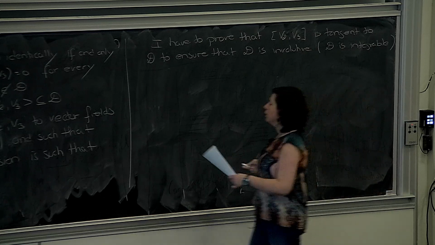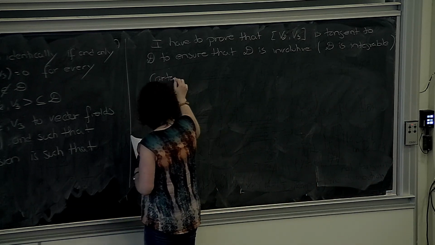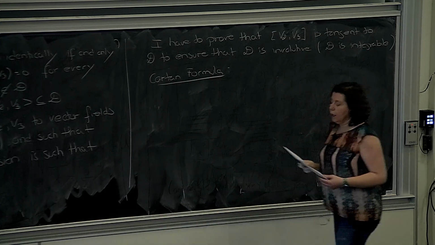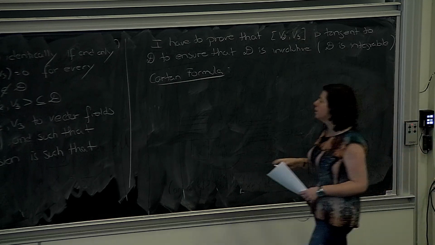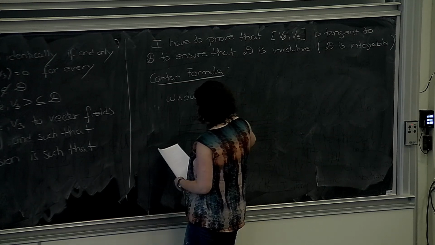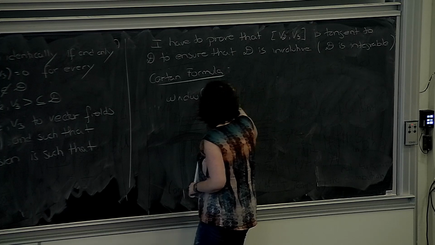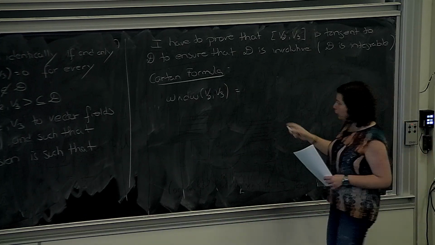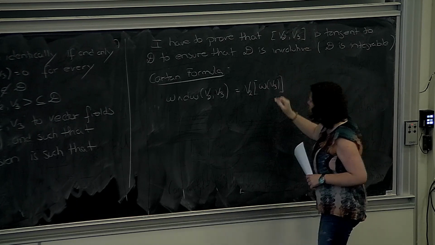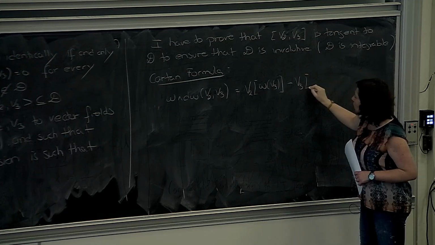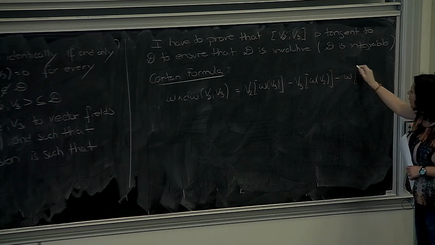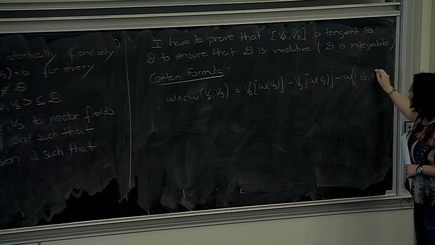Okay, so let us use the Cartan formula. The Cartan formula for one forms says that if I calculate W dW on V2, V3, this coincides with V2 applied in W of V3 minus V3 applied in W of V2 minus W applied on the Lie bracket of V2 and V3.